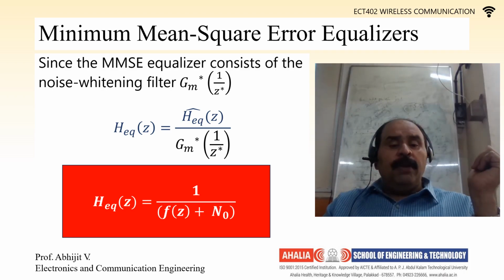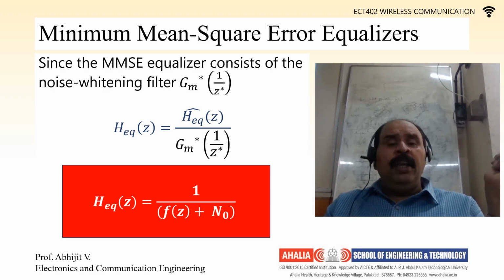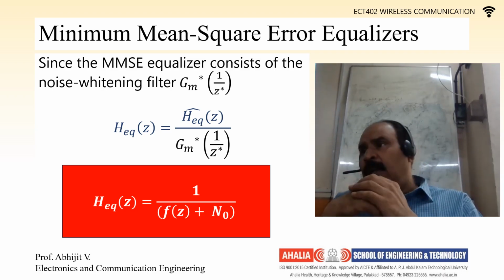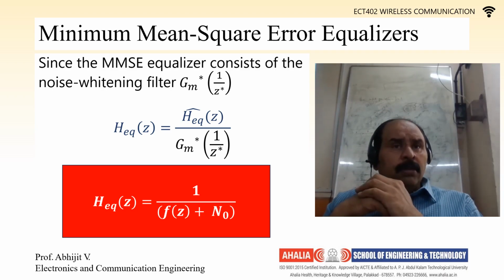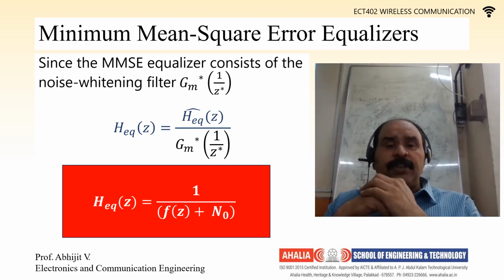So Heq of z will be nothing but H cap eq by Gm conjugate of 1 by z conjugate. The transfer function of an MMSE equalizer will thus be defined as Heq of z, which is equal to 1 by f of z plus N0.